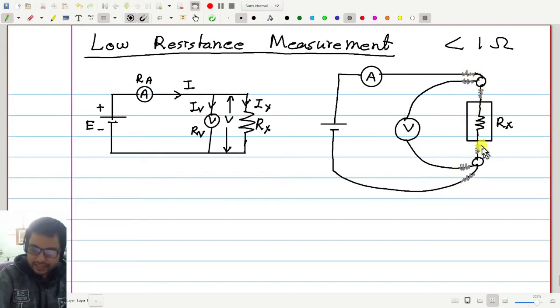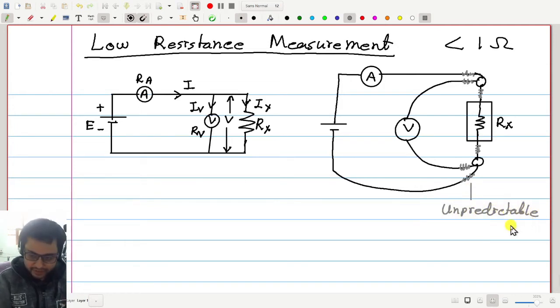And these resistances are also small. However, the values of these resistances are not very well predictable. That will depend on how you connect this screw, how tight you make it, all these things. So these resistances are unpredictable. That is the main problem.